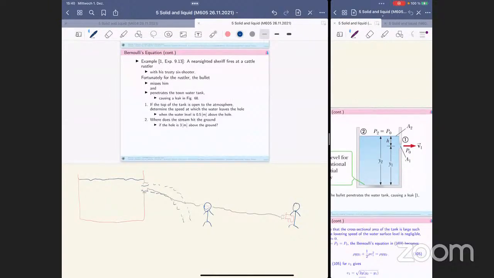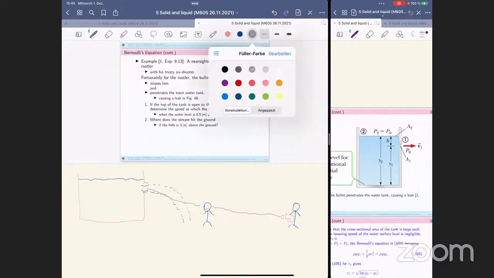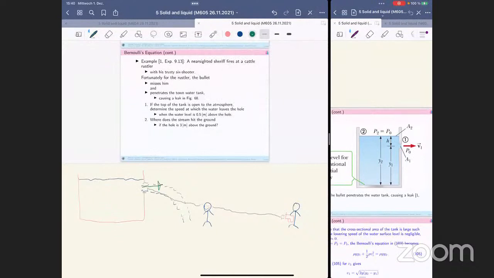The first question asks us to find the initial speed Vx of the water flow at this location. The second question asks what is the distance here, how far the water is going to drop from the wall of this water tank, from the hole here.